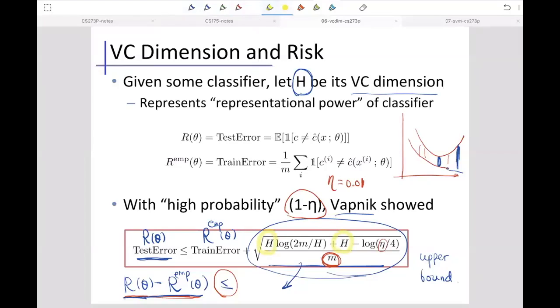The higher the VC dimension, the larger the gap. Which means if you want to make sure the gap is small, it's better to use a small H value. We'll talk about how H is defined. Essentially it provides you a measure of the complexity of the model.